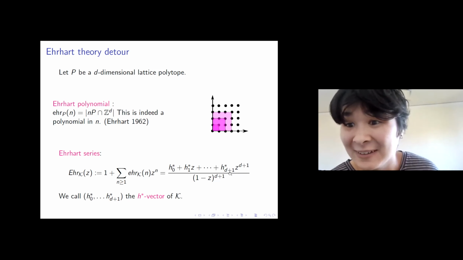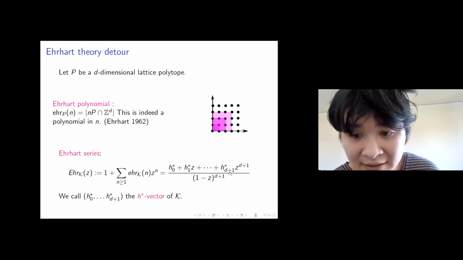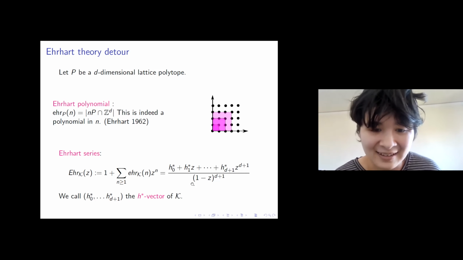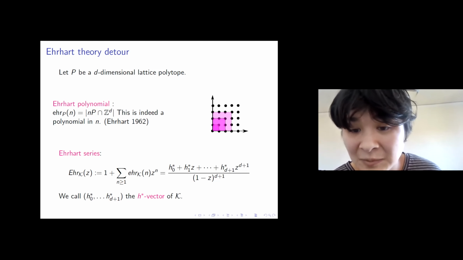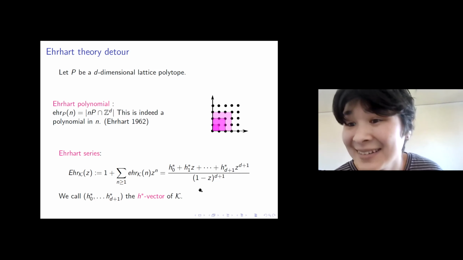And we call this the H star vector of your polytope. The K's here should be P's, sorry, typo.